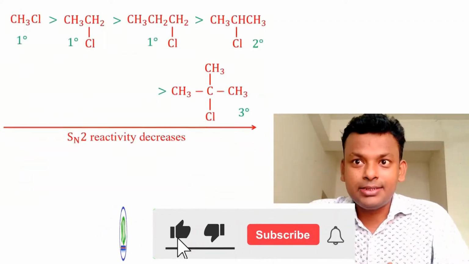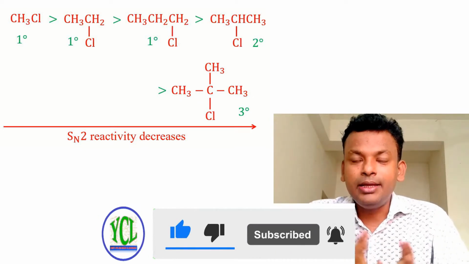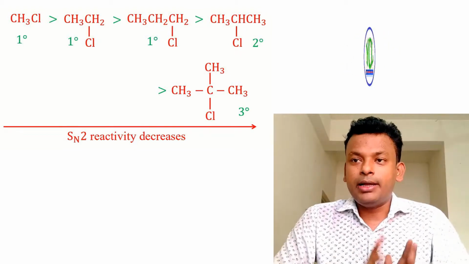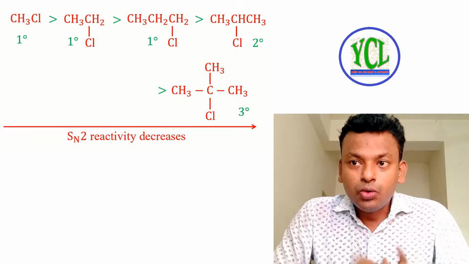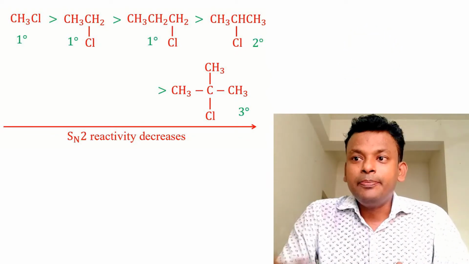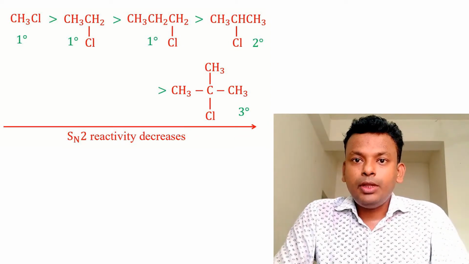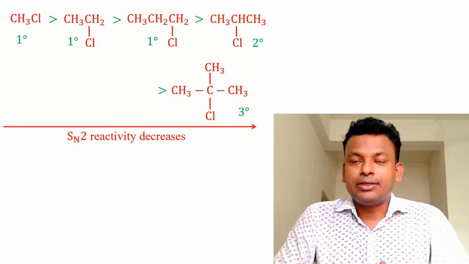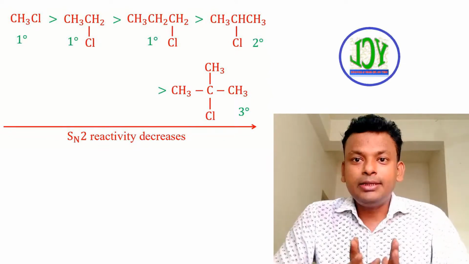So the order is: first methyl chloride, then ethyl chloride, which is 1 degree, and propyl chloride, also 1 degree, and next is 2-chloropropane, that is 2 degree, and the third is 3 degree. So the reactivity of SN2 reaction decreases from 1 degree to 2 degree to 3 degree.